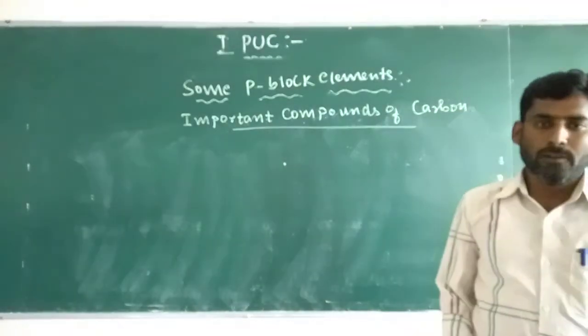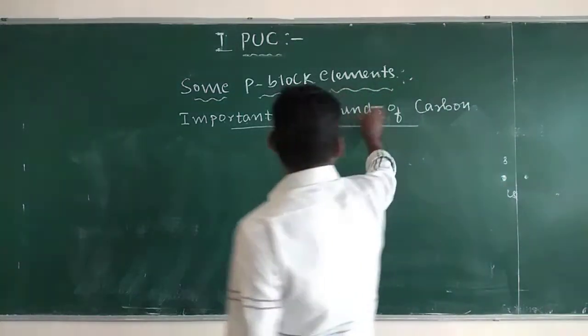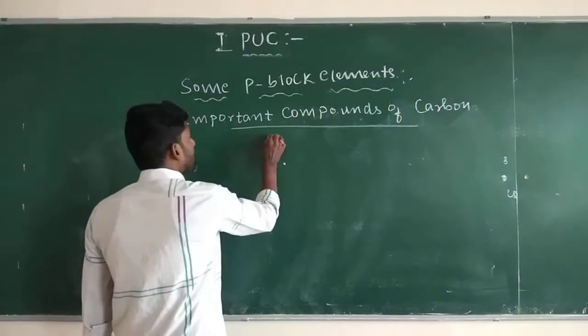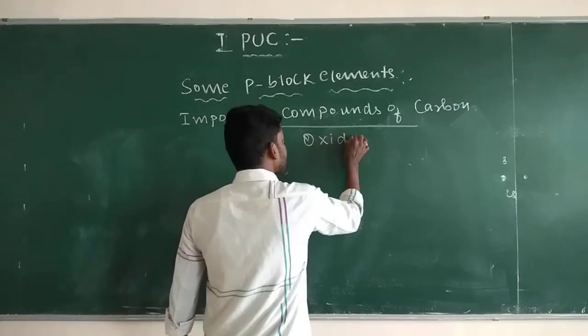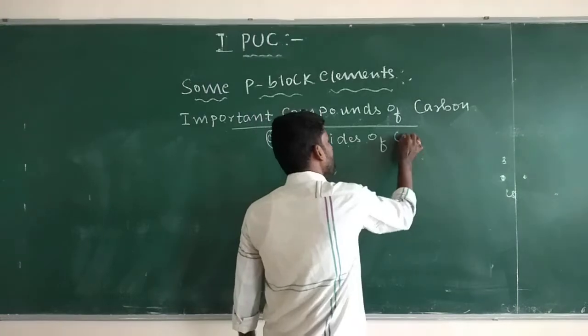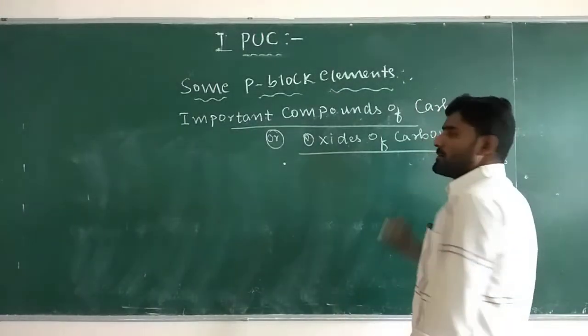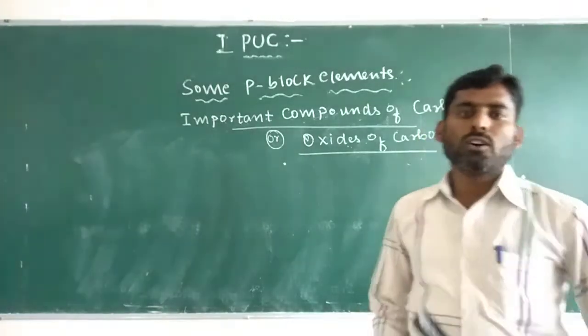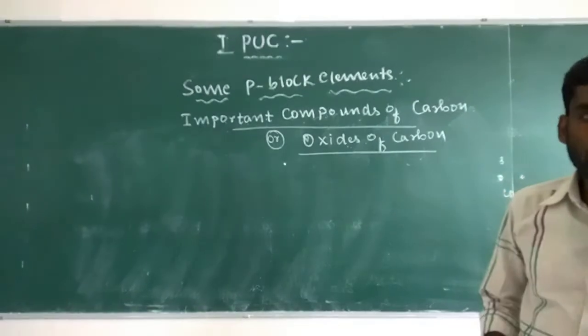Carbon mainly forms two oxides. So the important compounds of carbon are oxides of carbon. Carbon forms two oxides, that is carbon monoxide and carbon dioxide.